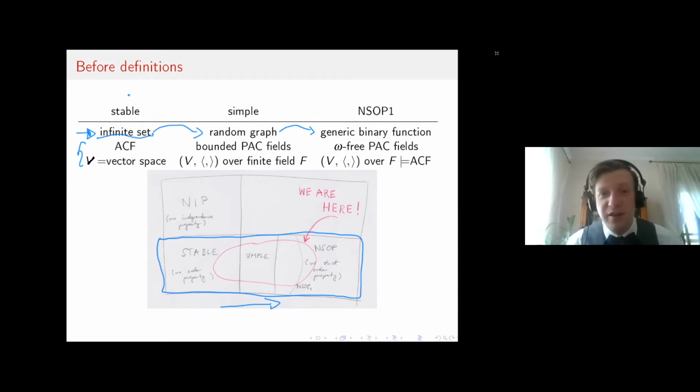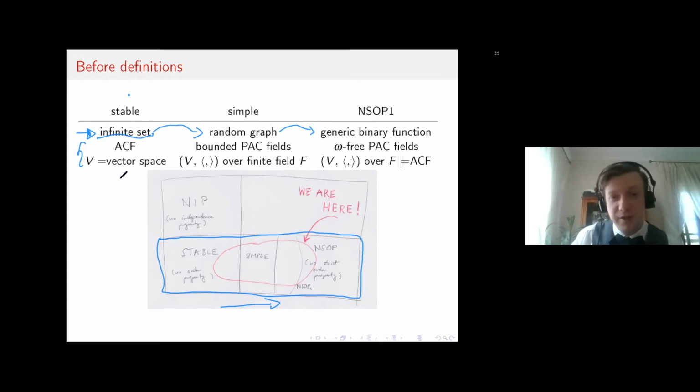And quite close but not stable is the theory of bounded PAC fields, so PAC fields whose absolute Galois group is, say, finitely generated. Bounded is something more general, but finitely generated implies bounded. And then one step further, you have omega-free PAC fields, so PAC fields where the absolute Galois group is a free profinite group on omega many generators.